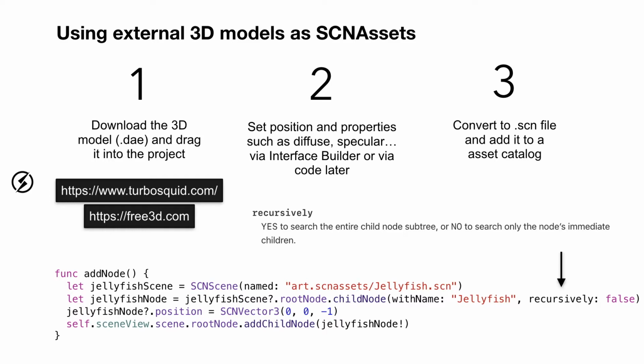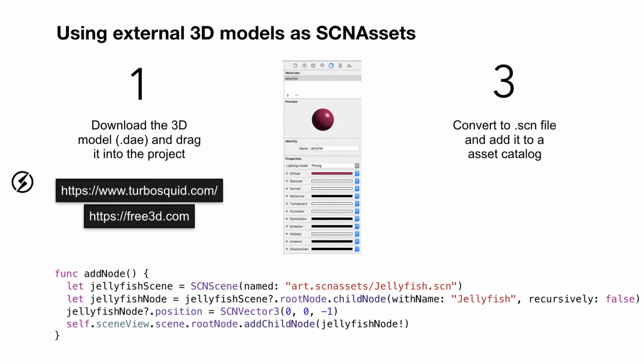You have to download it in a specific extension, called DAE, Digital Asset Exchange. You can also ask your designer friends to export in this extension. And once you have that, you just drag and drop it into your interface builder, and this palette appears for you, so you can set all the properties, no code at all. Just drag and drop and set the color here.